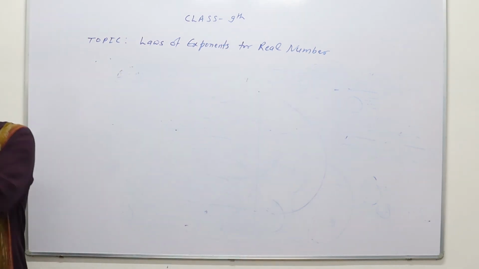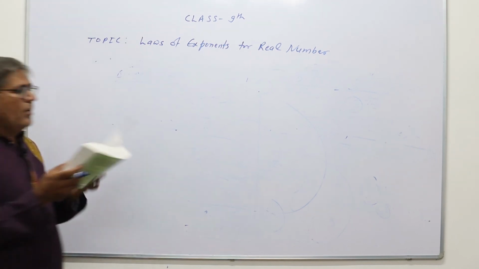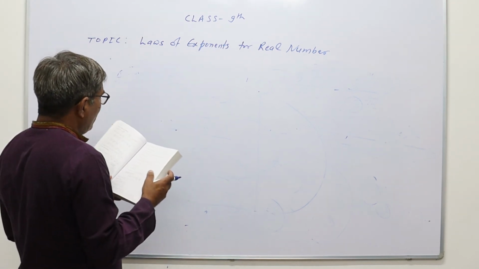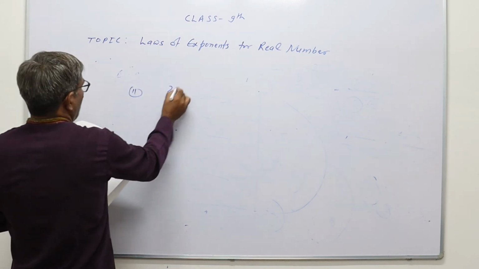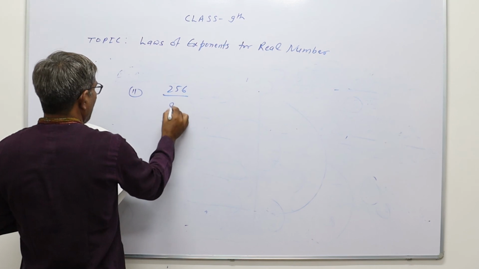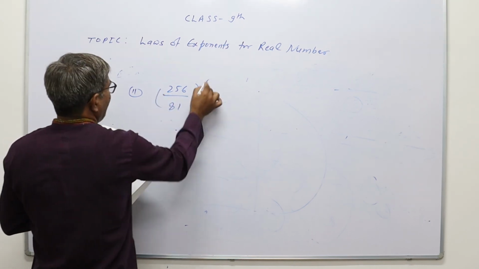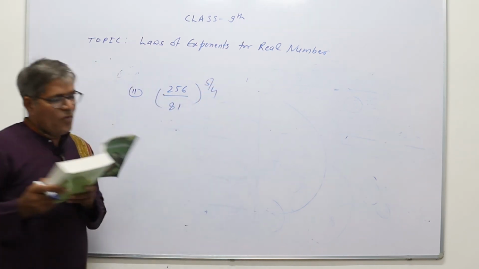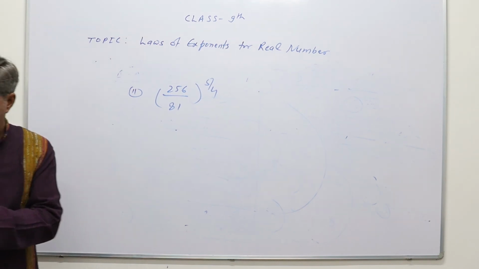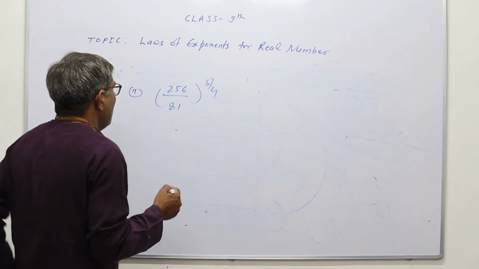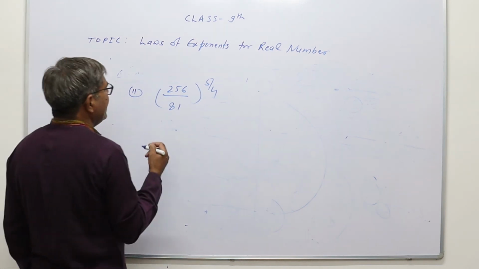One more example. Find the value of 256 whole upon 81 whole raised to the power 5 upon 4. So how can we write 256?